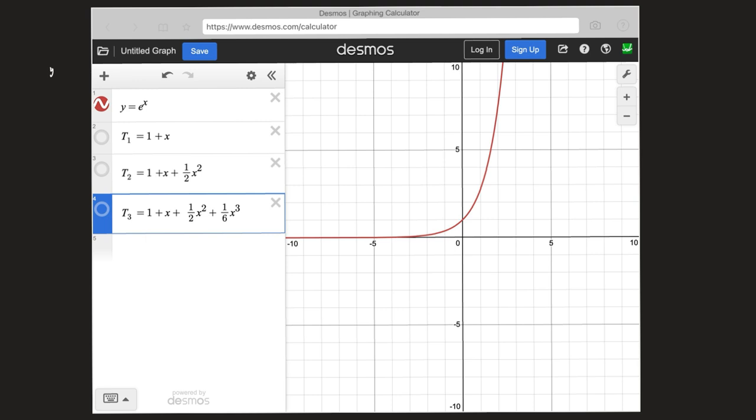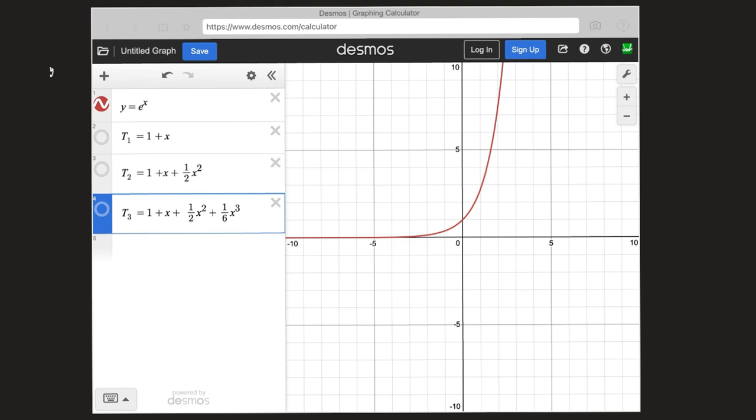I sketched the graph y equals e to the x. Now, let's sketch T1, the degree 1 polynomial. Pay attention here, very close to x equals 0, because the polynomial is expanded at x equals 0. The center is 0.